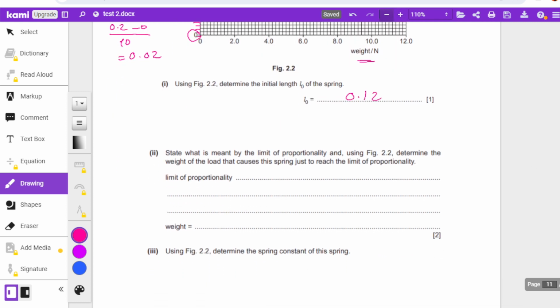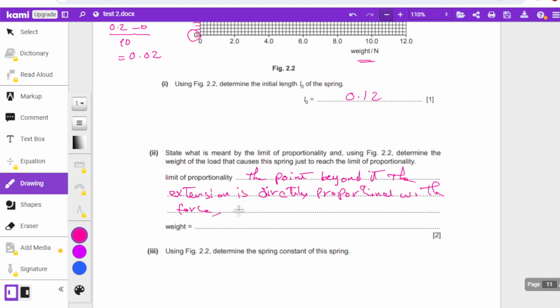Now state what is meant by limit of proportionality. The limit of proportionality is the point below which the extension is directly proportional to force.